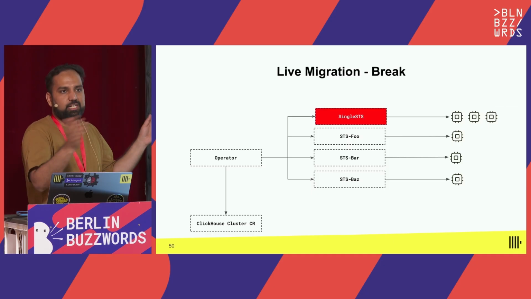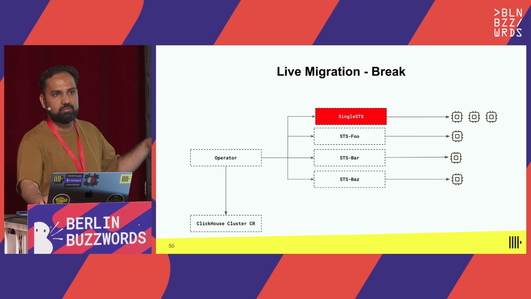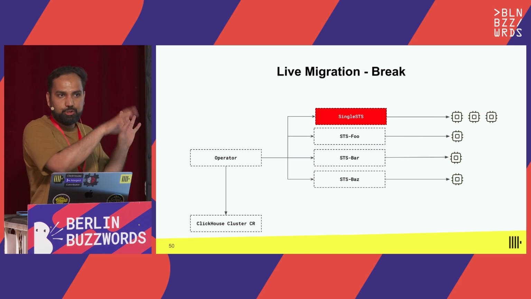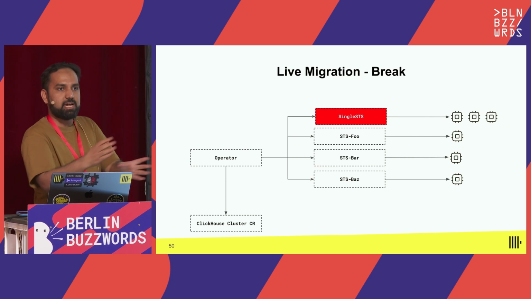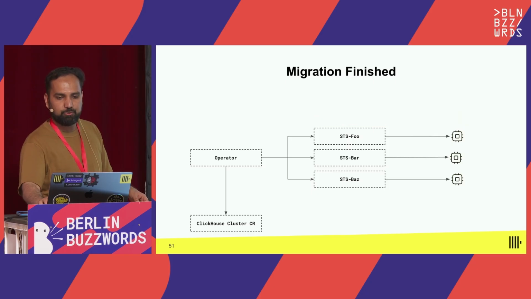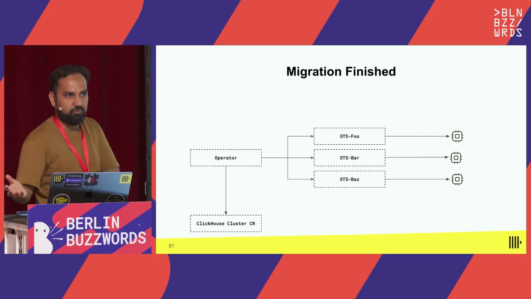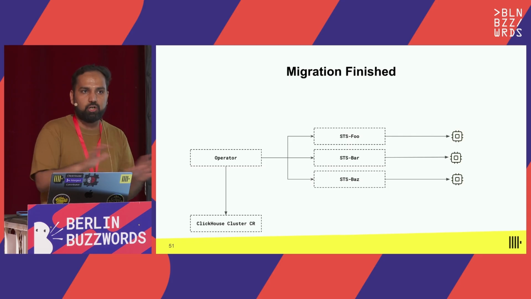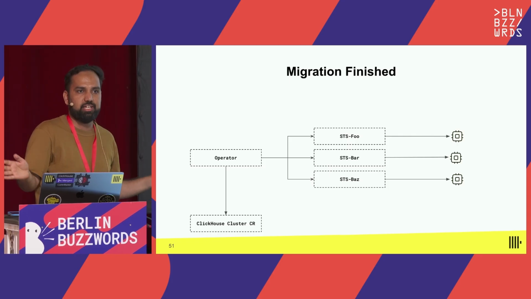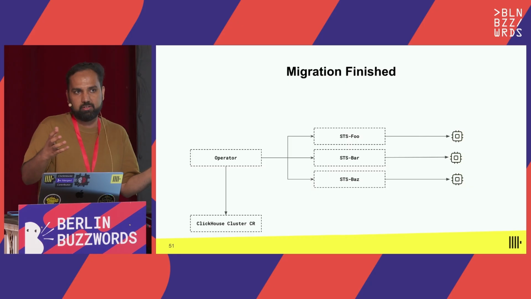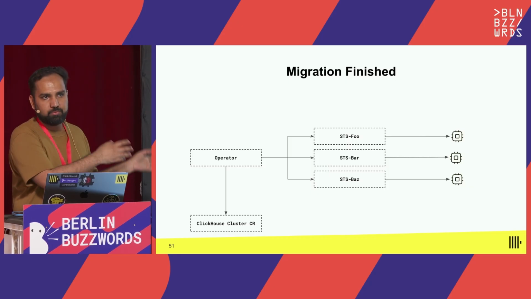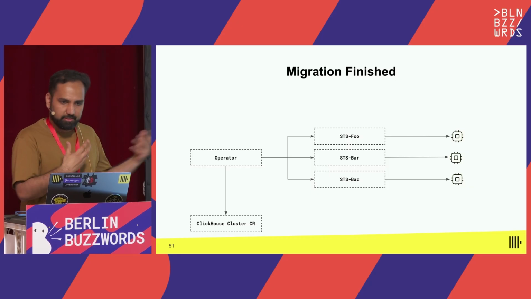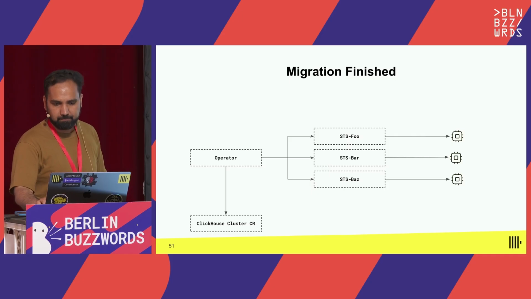And then you just get rid of, or break, the single stateful set. So in a way, you're doing MBB to do the migration, right? And when you get rid of it, all you're left with is the new orchestration way, and the old orchestration way is no longer there. So if you do this across your entire fleet, you have moved every customer from the single stateful set mode to this new one. And this is what we ended up implementing.